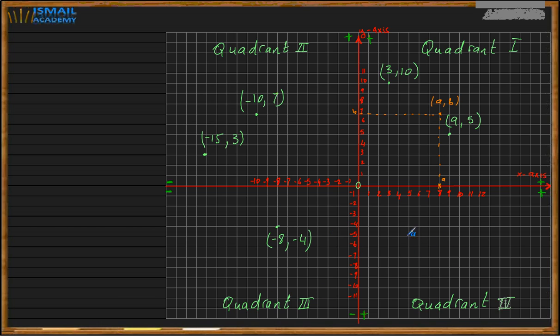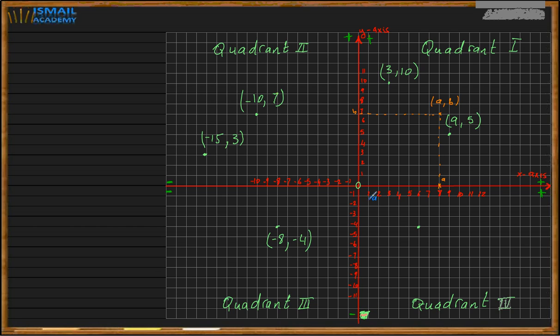For quadrant 4, the x coordinate is positive, but the y coordinate is negative.